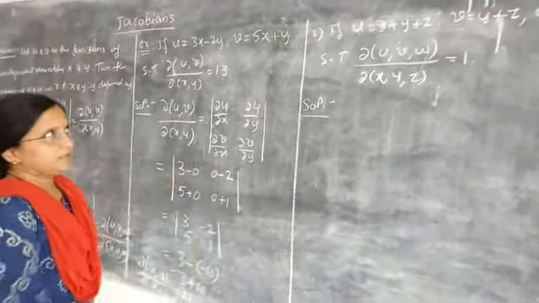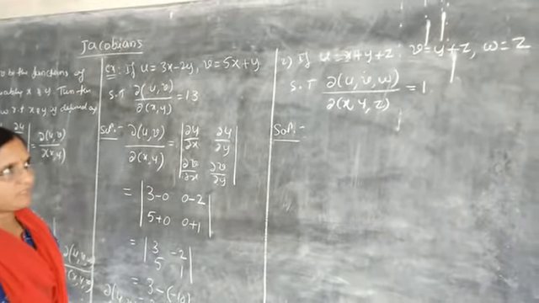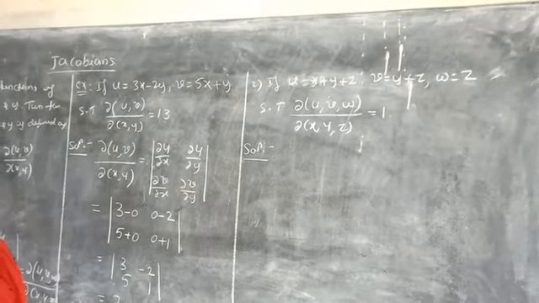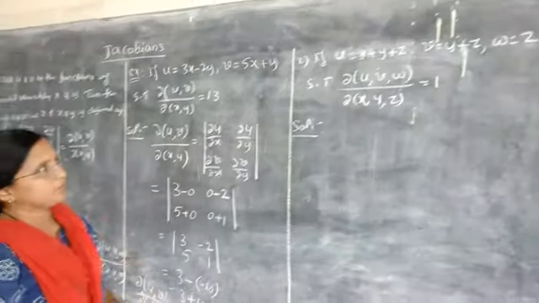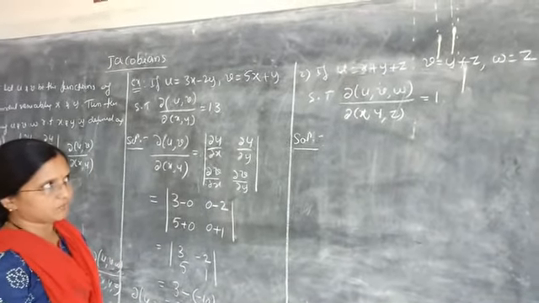Here, if u is x plus y plus z, v is y plus z, and w is equal to z, then show that dou of u, v, w divided by dou of x, y, z is equal to 1.